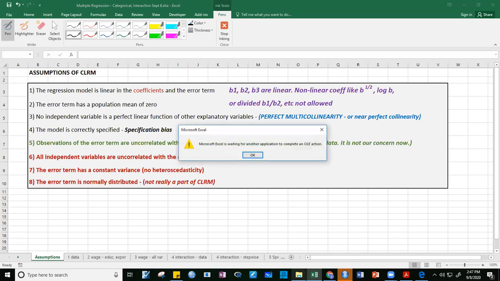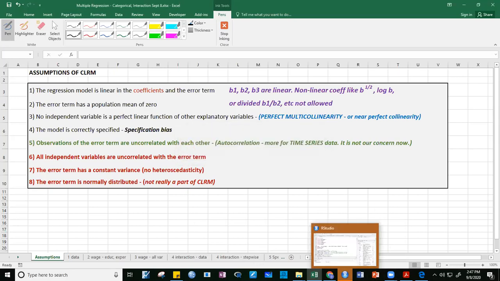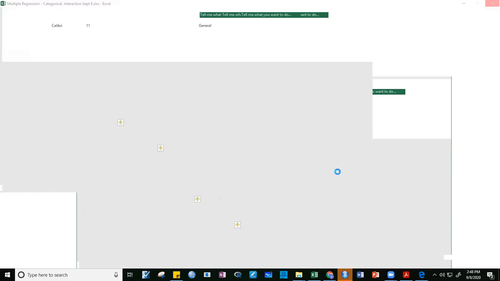May mga technical glitch naman ako dito. Naghang ang aking computer.